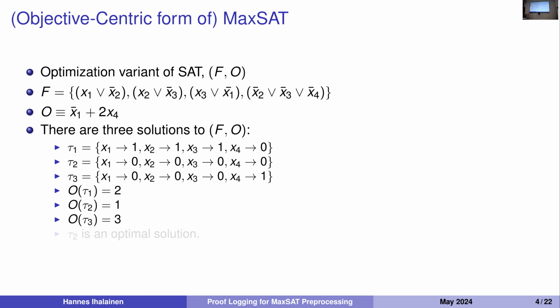The objective function gives us a cost for each of these 3 solutions. And we can here see that tau2 got the smallest cost, the smallest value for the objective function. So it's an optimal solution for this instance.